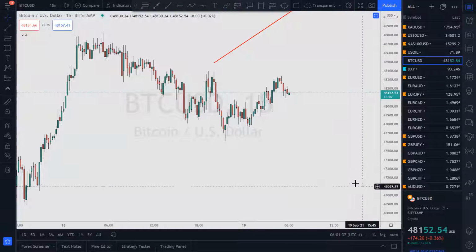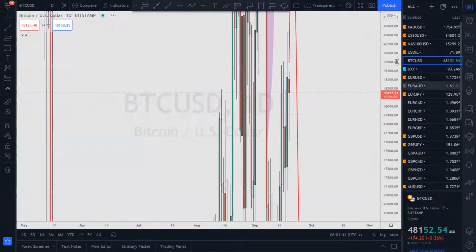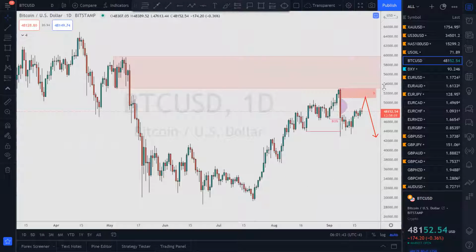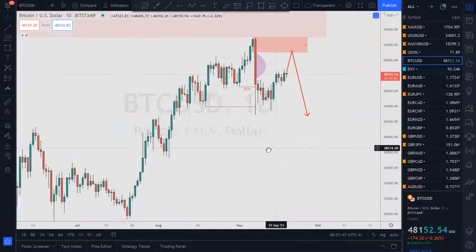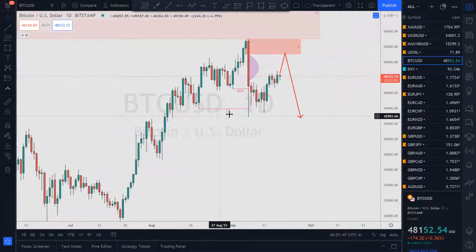BTCUSD. This is Bitcoin. Let's go back to the daily. What do we see on the daily? It's easy. It really is. Did we get a break of structure? Looks like we did. We have a break of structure here, and it broke this low as well. And what are we looking for? Price to return to impulse, right?